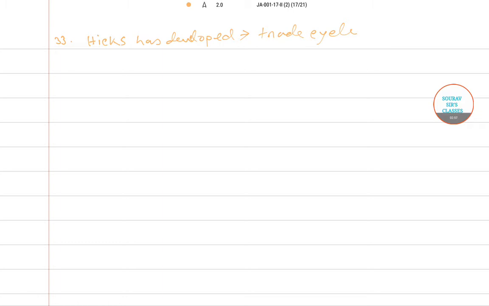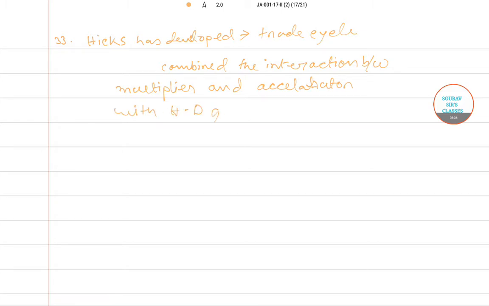So he has combined the interaction between multiplier and accelerator with the Harrod-Domar growth model.